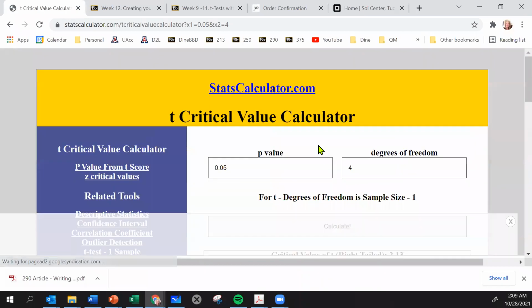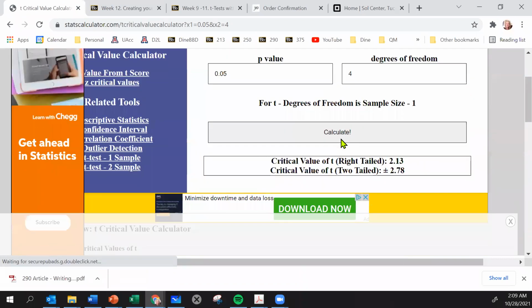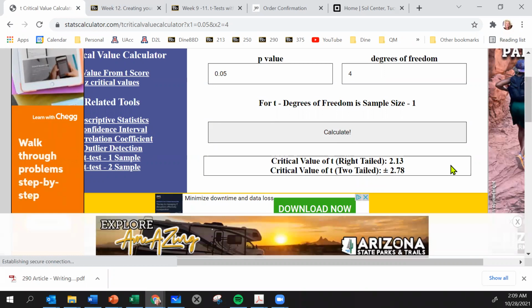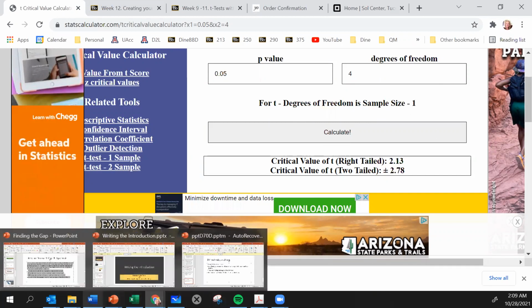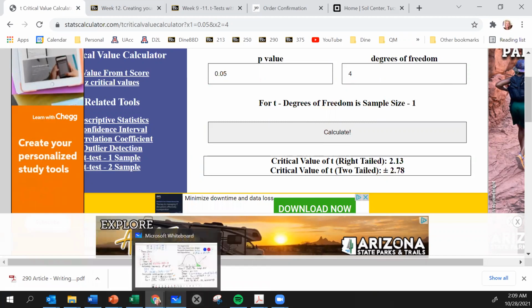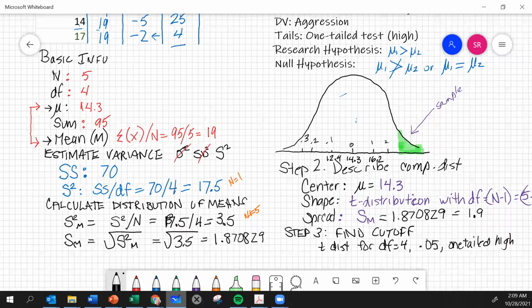So we can calculate right here, and we find that for a right-tailed, a one-tailed test, our cutoff point is going to be 2.13. They say critical value, that means the same thing as cutoff point. There is no difference. One is just a little easier to understand. So let's put our cutoff point, our critical value, I'll put that so you can see it, is 2.13.